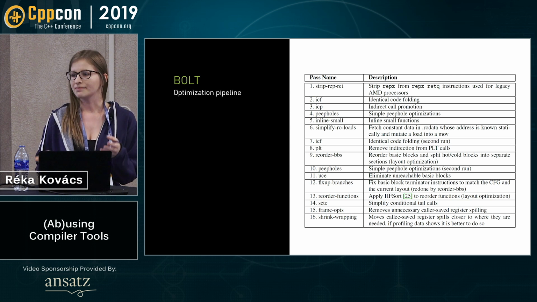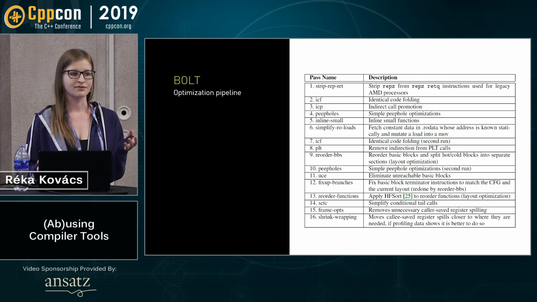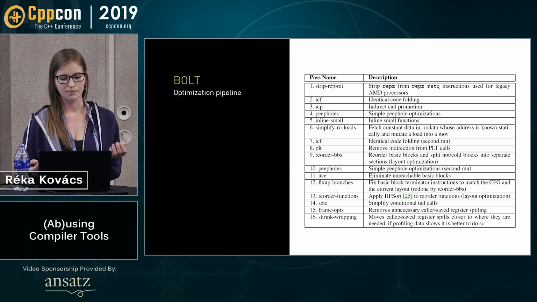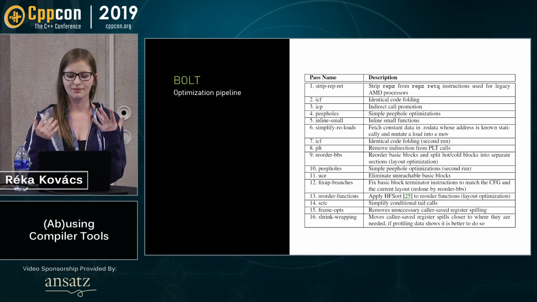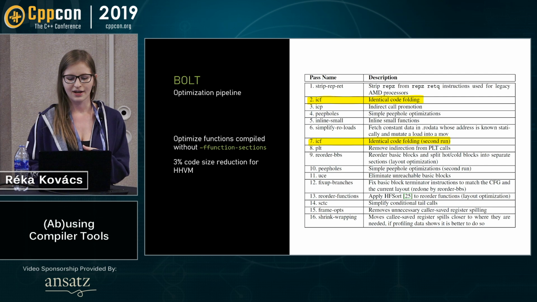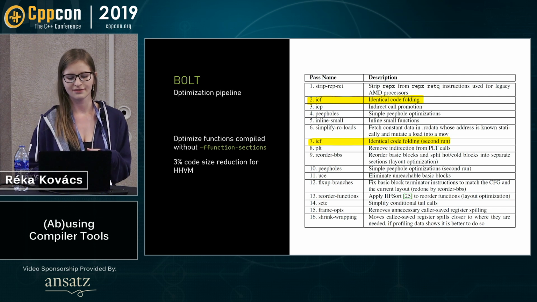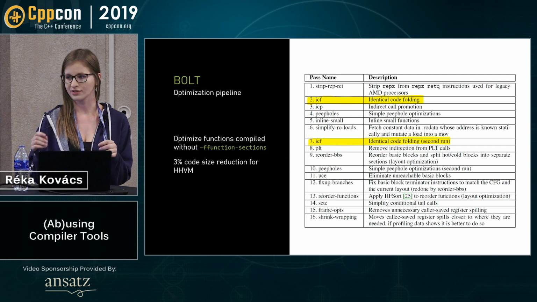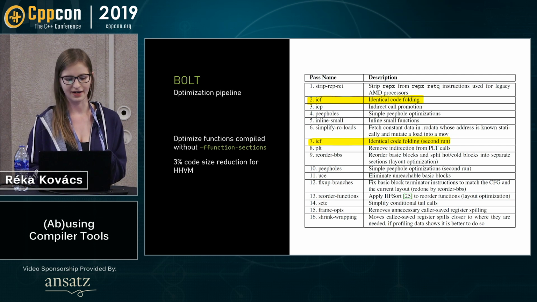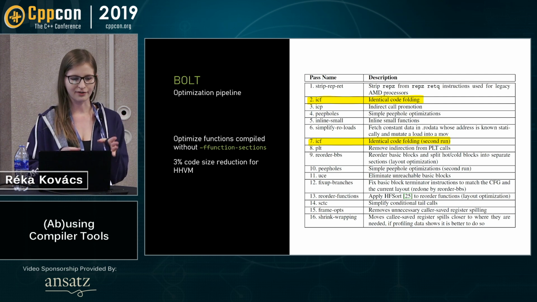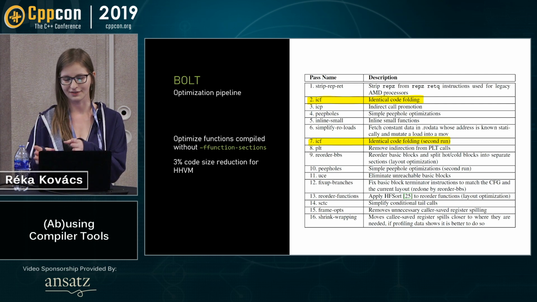The optimization pipeline is a sequence of transformations very much like in a compiler, but these operate on the binary. I'm just going to highlight a few interesting ones. For example, they run two passes of identical code folding, which your linker can also do for you if you specify the -ffunction-sections flag, which puts all your functions into their individual sections.